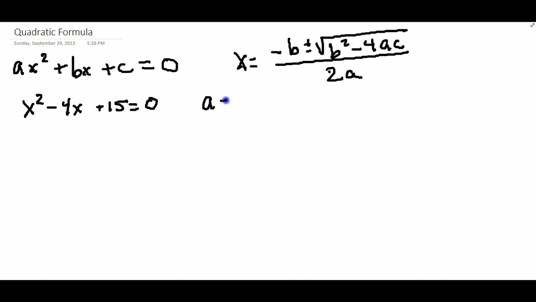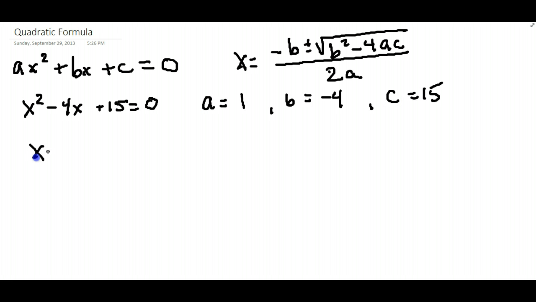So a equals 1, because remember the a, the b, and the c are our coefficients. b equals negative 4, because remember that negative goes with the number, and our c term is 15. So we then plug that into the quadratic formula to come up with our solutions.